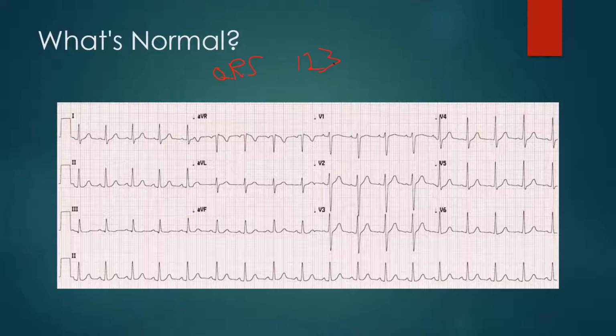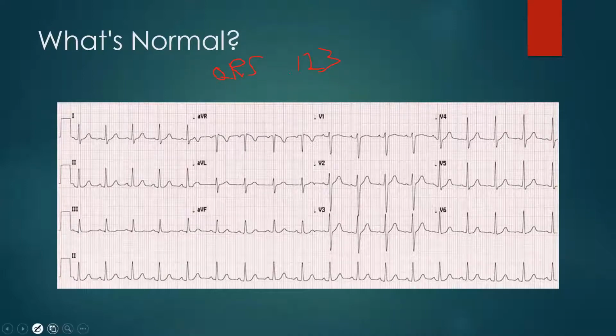This gives you the duration of the QRS complex. I'm looking at this first, making sure there's no width there, that we're not dealing with a right bundle branch or a left bundle branch block, trying to rule that out first. Once somebody has a left bundle branch block, it makes certain other things hard to look at, so eliminating that right off the bat is best.